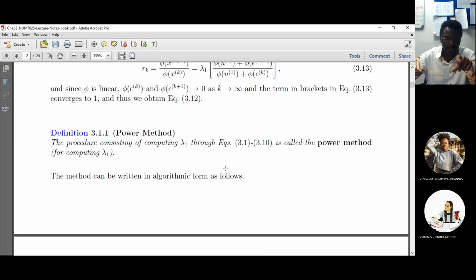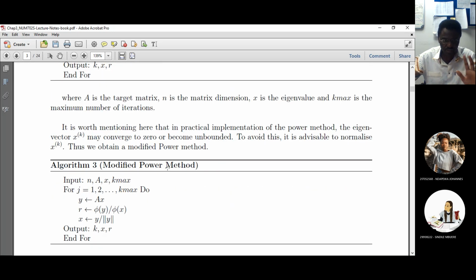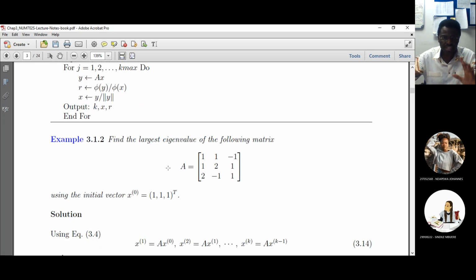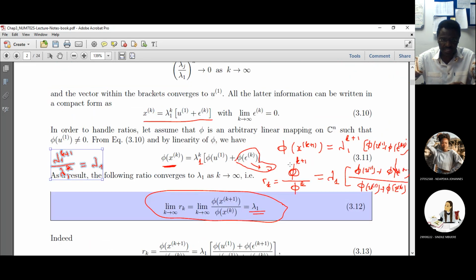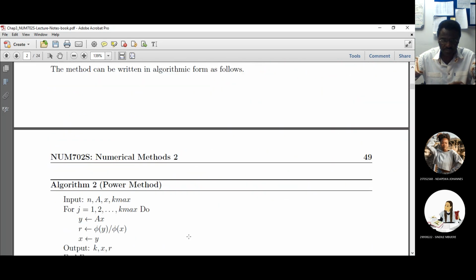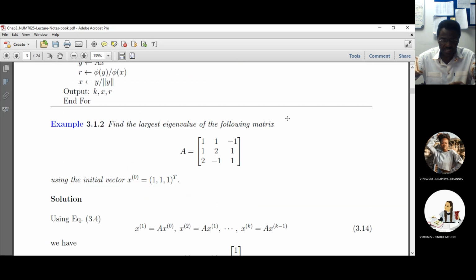Okay, now in the power method, that is exactly what we do. You can look at the algorithm, but for now it's not important. Let us go straight to the application. I will explain how we'll apply this concept here. We'll apply it to this example.